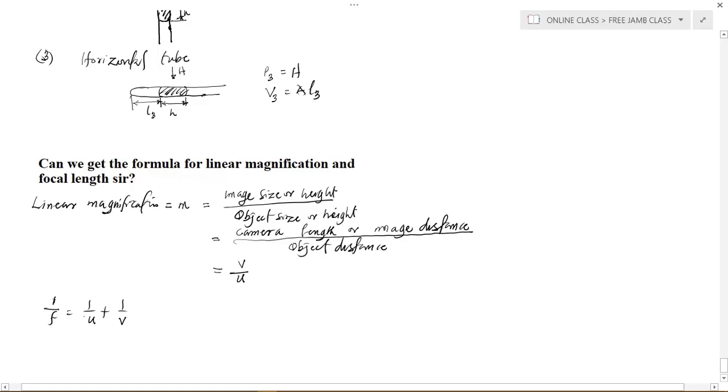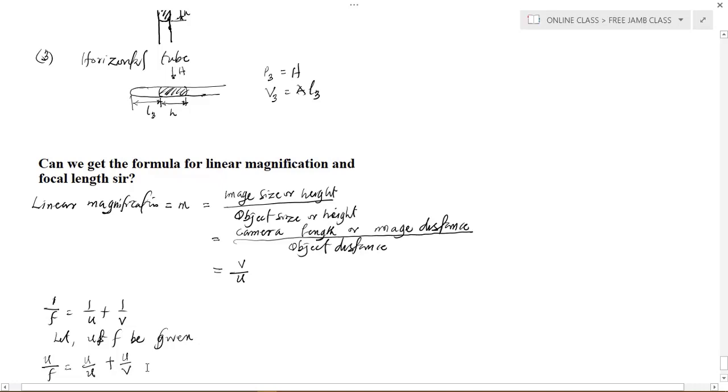That's quite easy. Just multiply by what you are given throughout. Let's say U and F are given. Just multiply by U always. U over F equals U over U plus U over V.